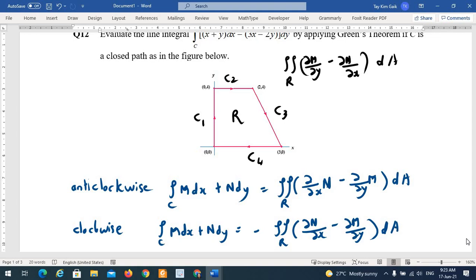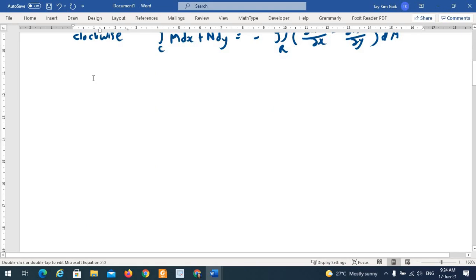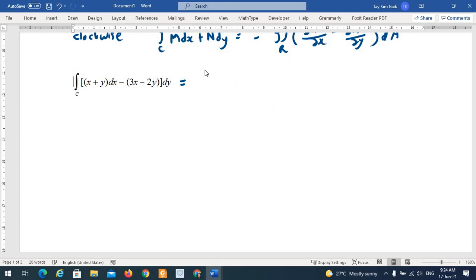Negative, that's why this notation. So be careful. This question is clockwise. We should have negative of the anti-clockwise formula. This is clockwise, so negative of the orientation that we already did, which is del x, coefficient of y.